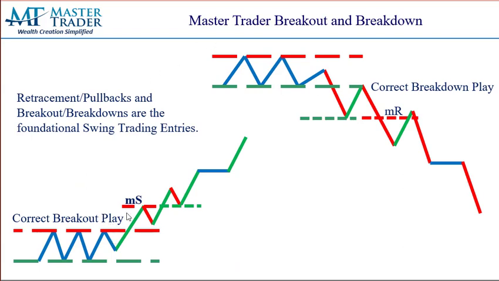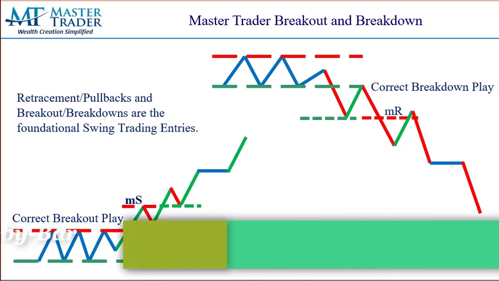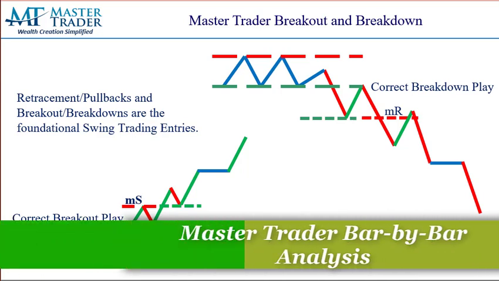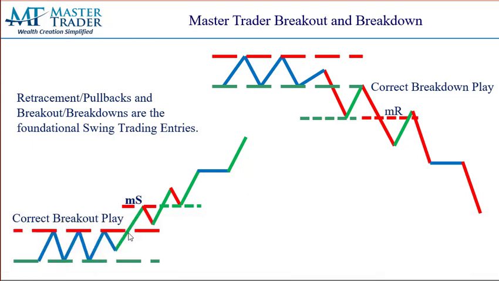You have the initial breakout, which is proper on the correct setup, which I'm going to show you an example of, and we want to buy the initial breakout when there's bullish pattern continuation, bullish pattern consolidation at resistance.